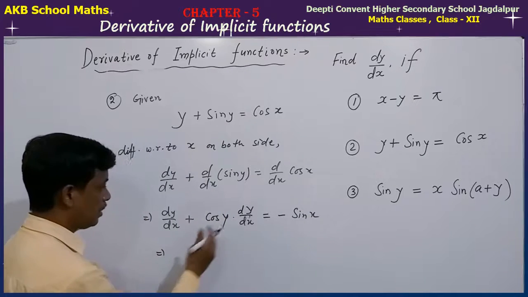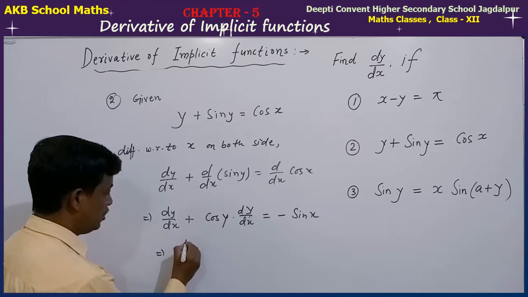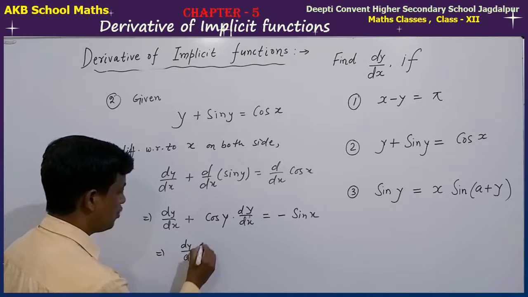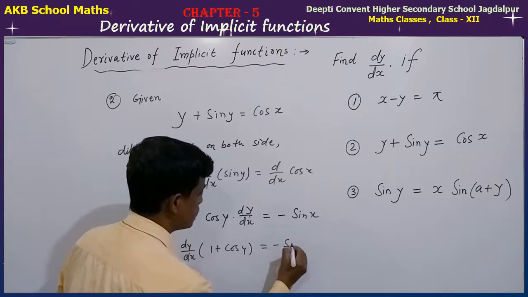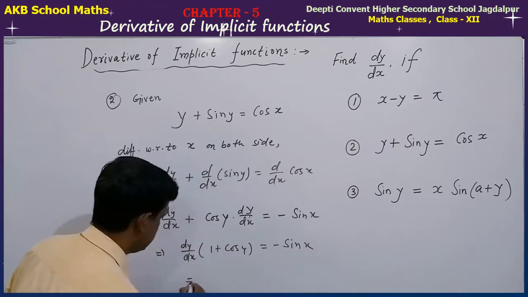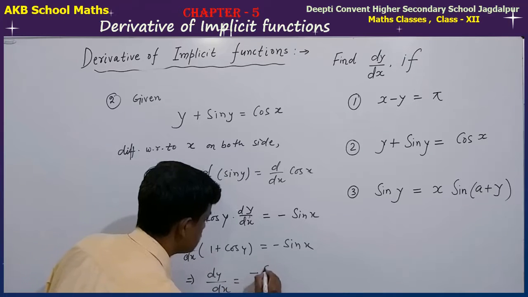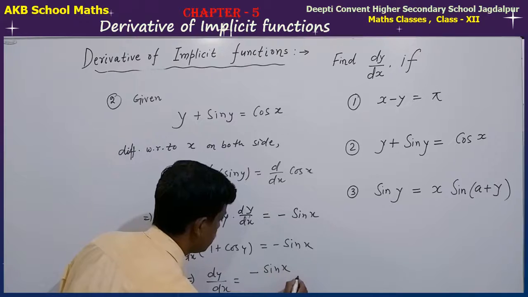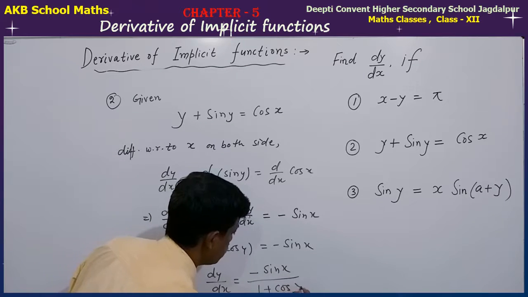So take dy upon dx common, and we get dy upon dx times (1 plus cos y) equals minus sin x. Now dy upon dx equals minus sin x upon 1 plus cos y.